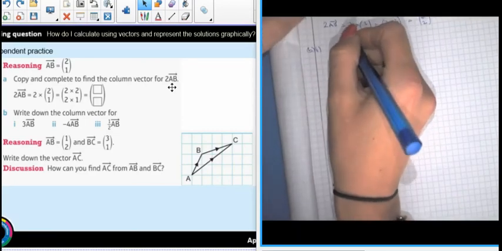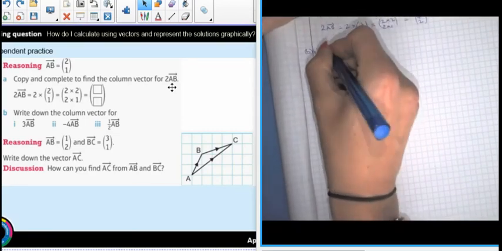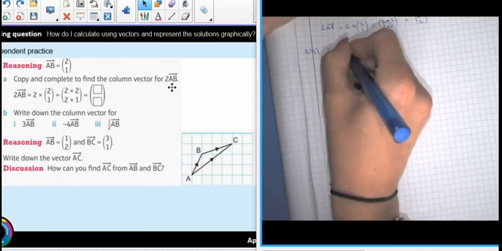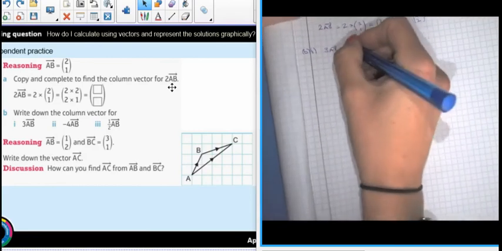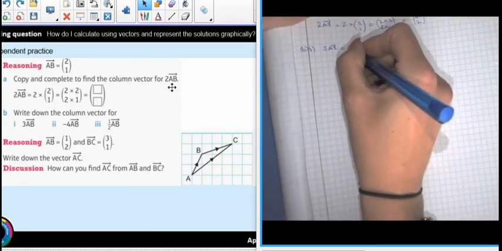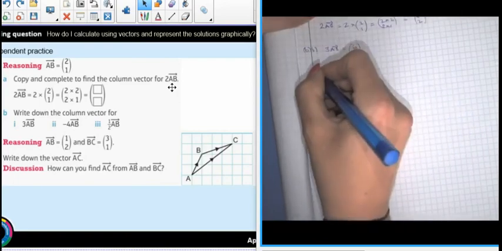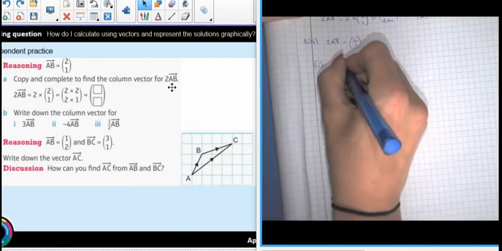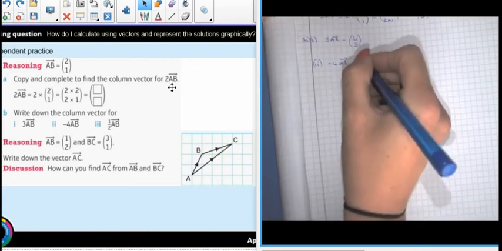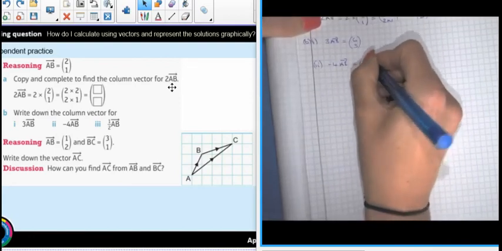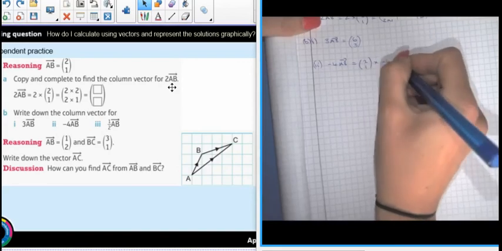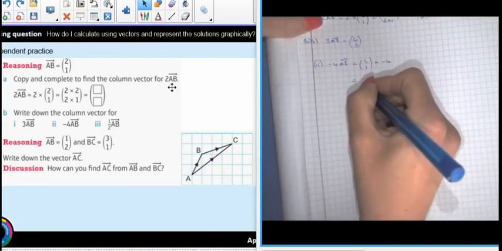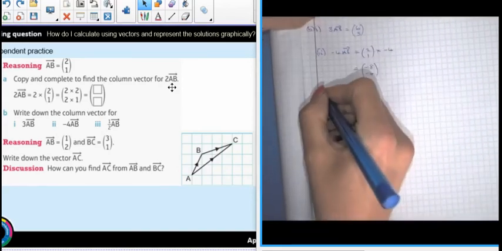Part b1, write down the column vector for 3AB. Well, I'm just going to multiply AB by 3, so that will give me 6 over 3. Negative 4AB. Well, I'm going to multiply AB by -4, which will give me -8 over -4.